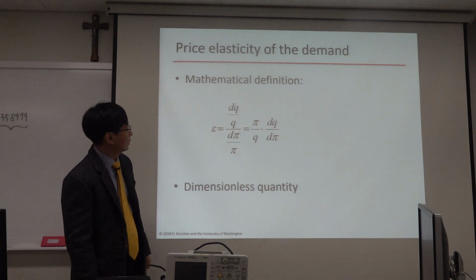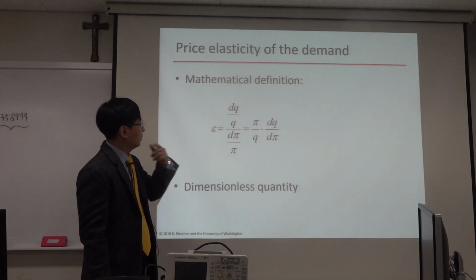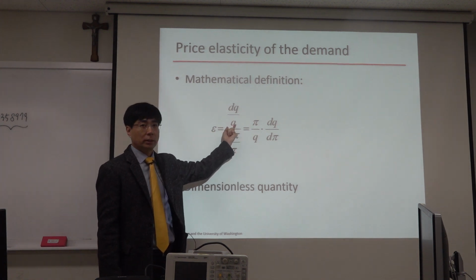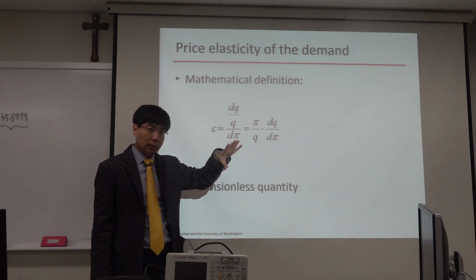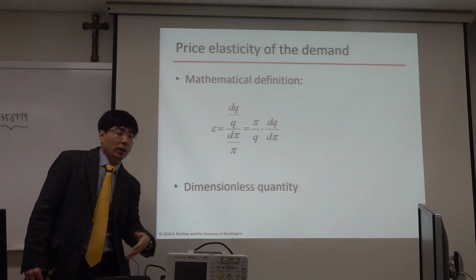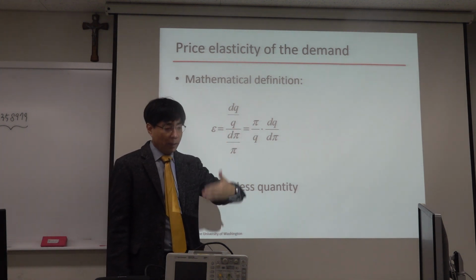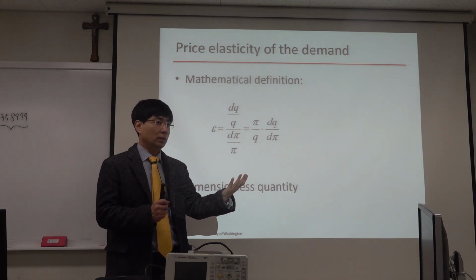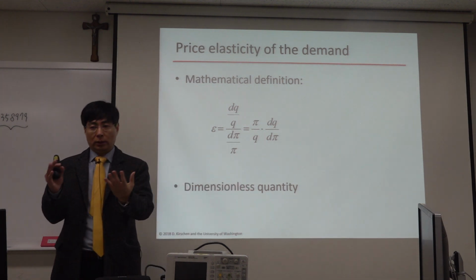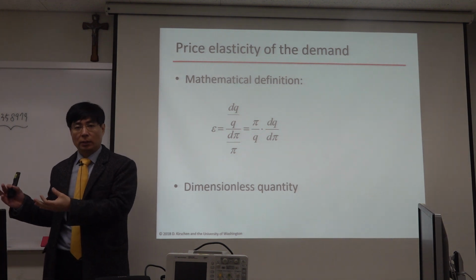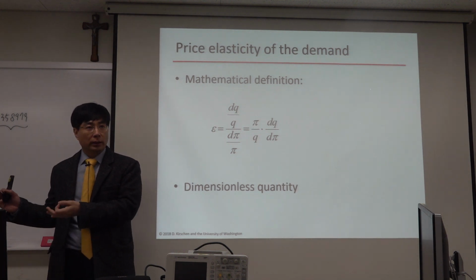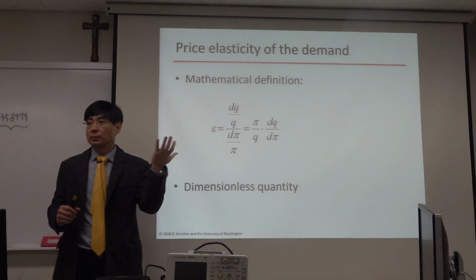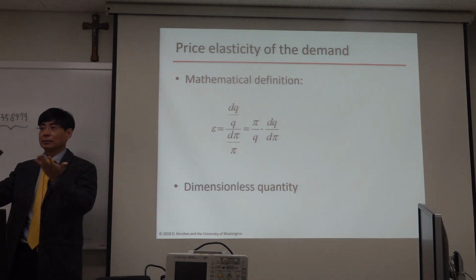Okay, so when you look at this, what if the price increases 10%? How much does the demand decrease? 5% or 10%? Anyway, if the price goes up, then demand goes down. Then what is the ratio of that? A 10% price increase incurs, for example, a 5% demand decrease. Then the price elasticity is 0.5. You see what I'm saying?